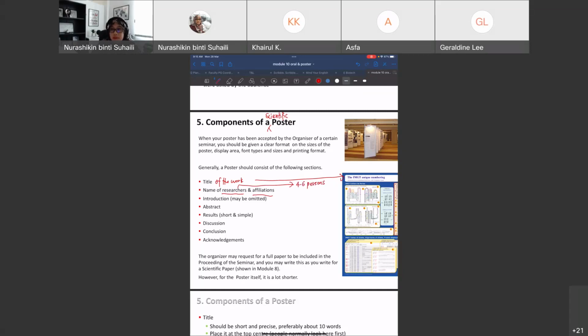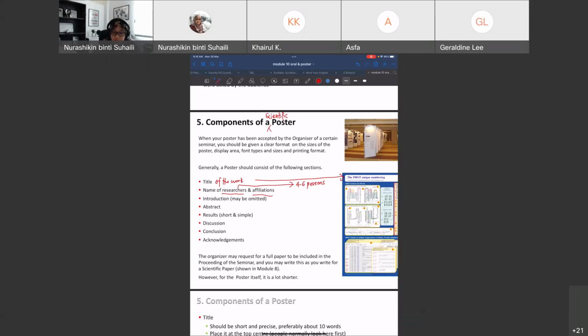One person is very rare, because whenever we do any research work, we do it in a team. Minimum is 2, on average 4 to 6 persons.